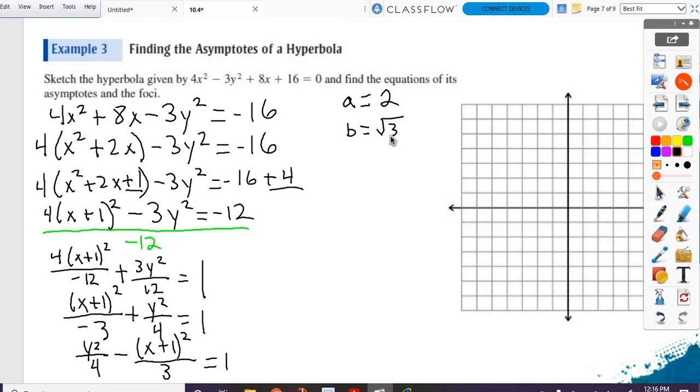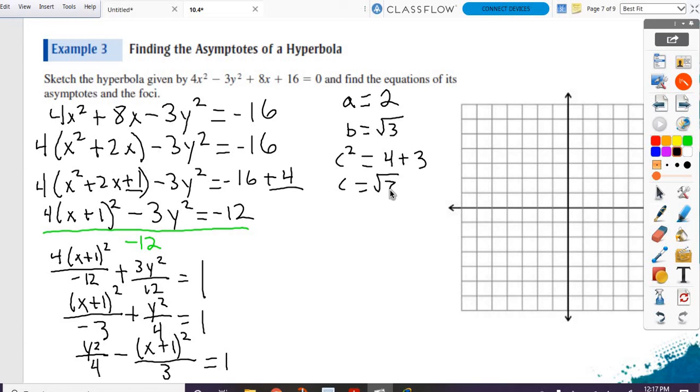Now, since they ask us to find our foci, what are we also going to need? The c value. So we're going to use our equation, c squared equals a squared plus b squared. So we get that c equals the square root of 7. Okay. Are we all okay with how I found those values?